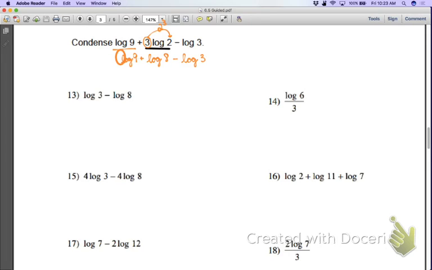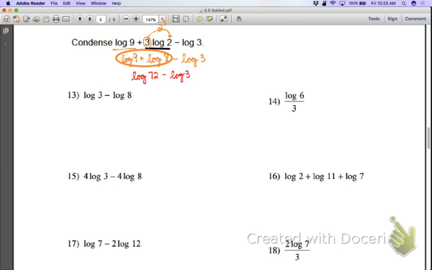What am I going to do with those 2 parts? What am I going to do with the 9 and the 8? Multiply them. So if I'm going to multiply them, what is 9 times 8? 72, minus log of 3.